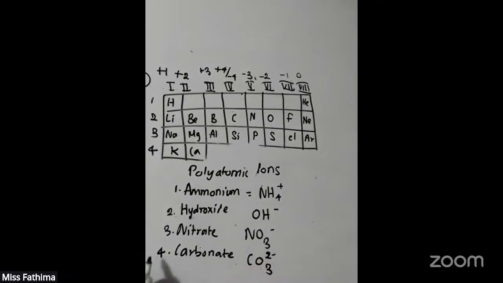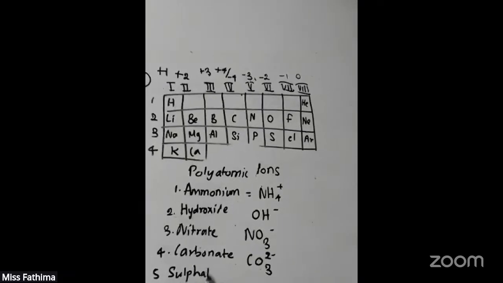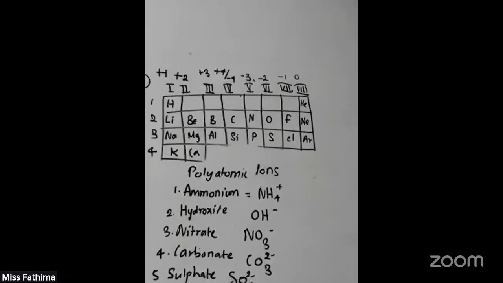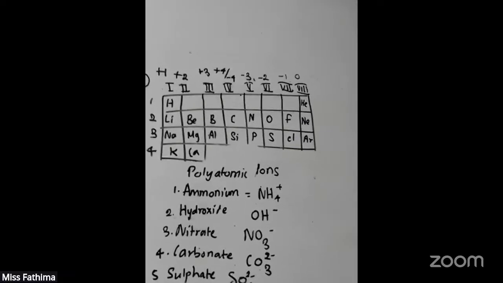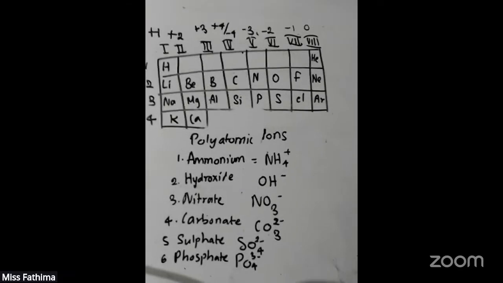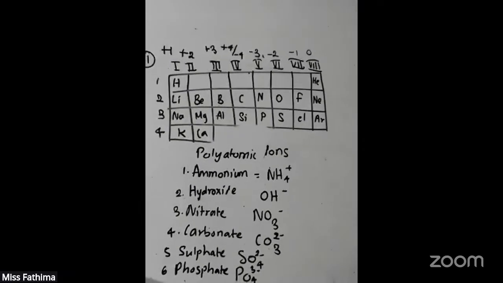Then you have sulfate, SO4 2-. Then for the sixth one, you have phosphate, that is PO4 3-. So these are the six main polyatomic ions that you have to know.